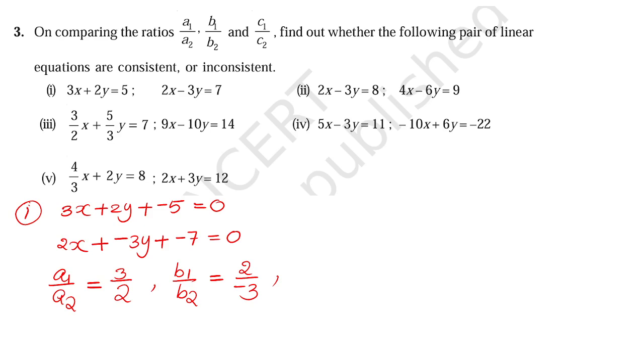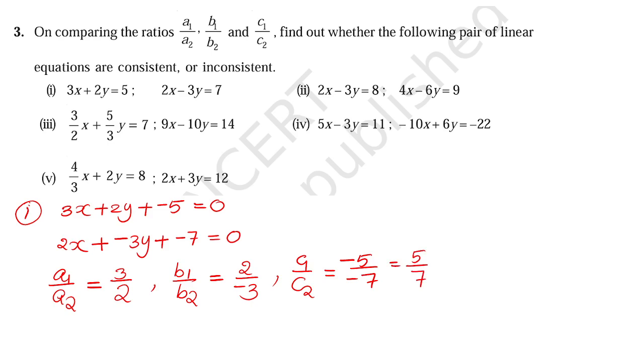All the ratios you need to find out. They have mentioned c1 by c2 also. c1 by c2 is the third ratio, minus 5 by minus 7. Correct. Then you may delete minus. Minus cancel.